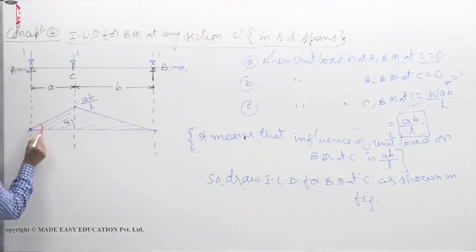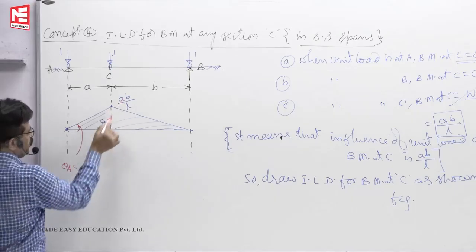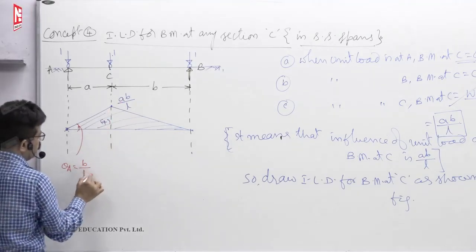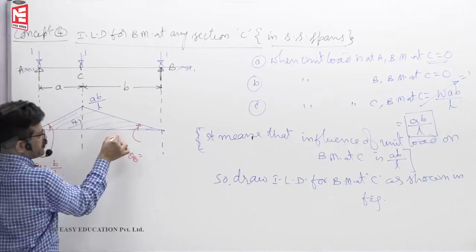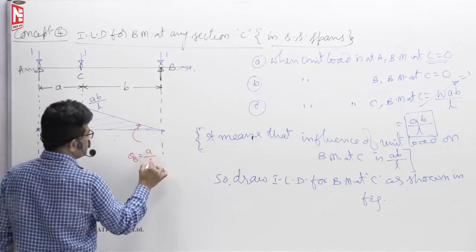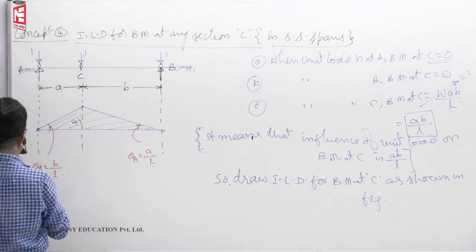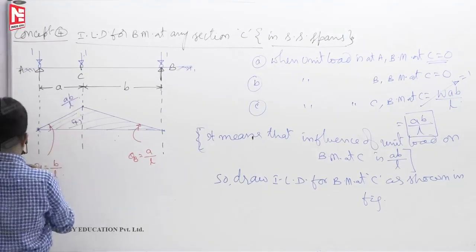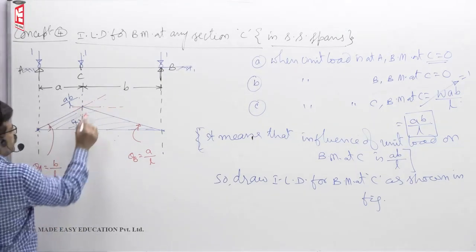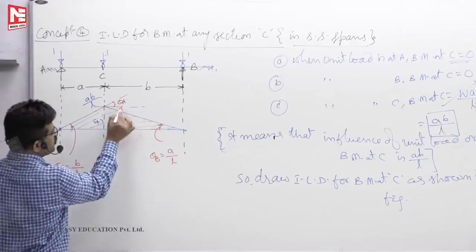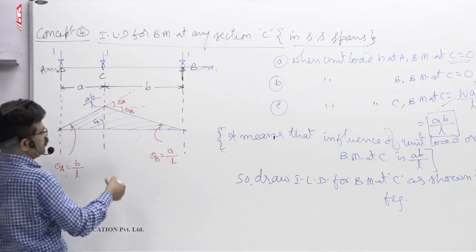See, first we'll calculate here theta A. Tan theta A is equal to opposite side by adjacent side, AB by L by A, you will get B by L. Then theta B, opposite side by adjacent side, AB by L by B, you will get A by L. Now, if I extend this line, if this theta A is B by L, this is also theta A, B by L. If this is theta B, this is also theta B. So, B by L plus A by L, A plus B by L, that means L by L is 1.